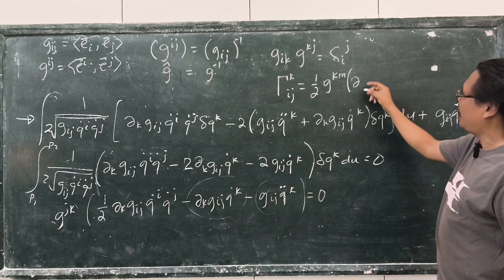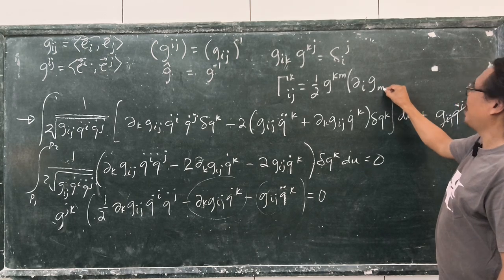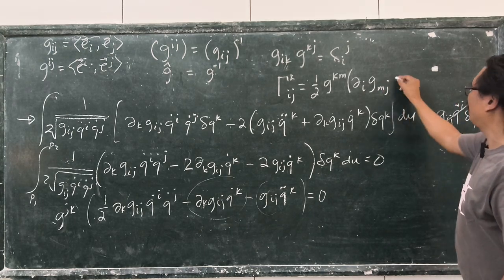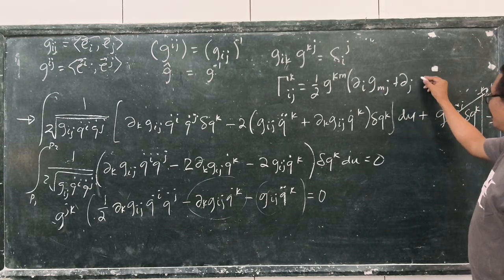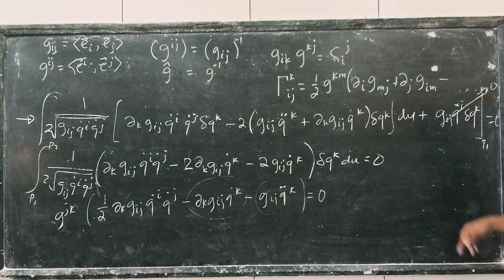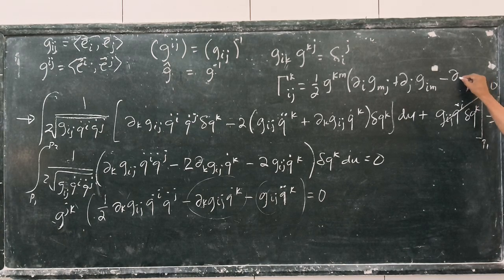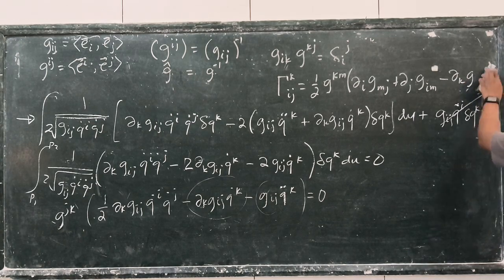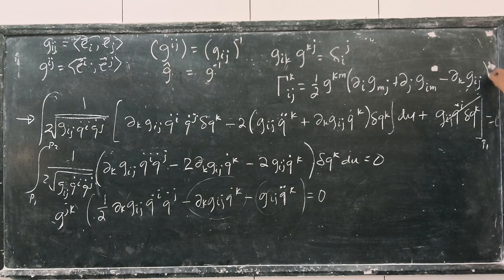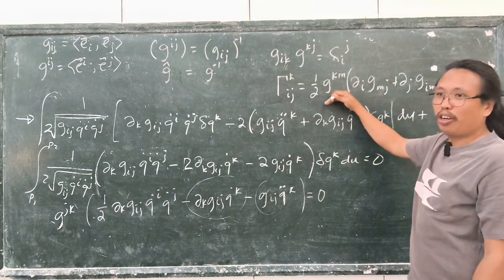Times partial I, G, M, J, plus partial J, G, I, M, minus partial M, G, I, J. Okay, we have this definition now of the Christoffel symbol.